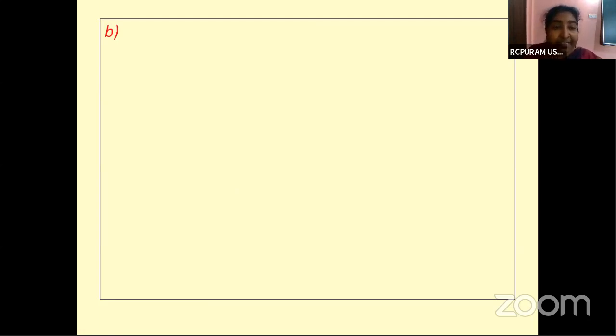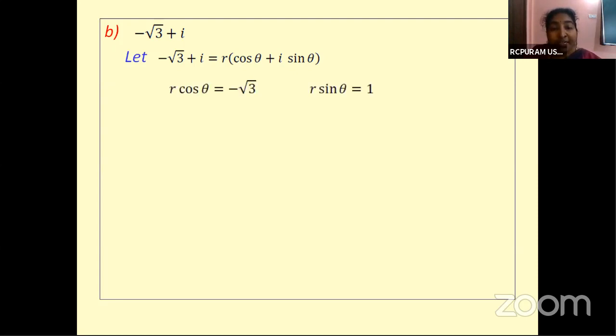My next question is minus root 3 plus i. Then we'll say let minus root 3 plus i is equal to r into cos theta plus i sin theta. Then we will equate real and imaginary parts, comparing the like terms on both sides. So you will have r cos theta is equal to minus root 3 and r sin theta is equal to 1.